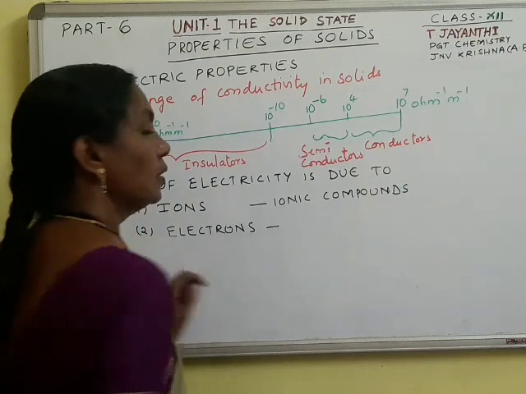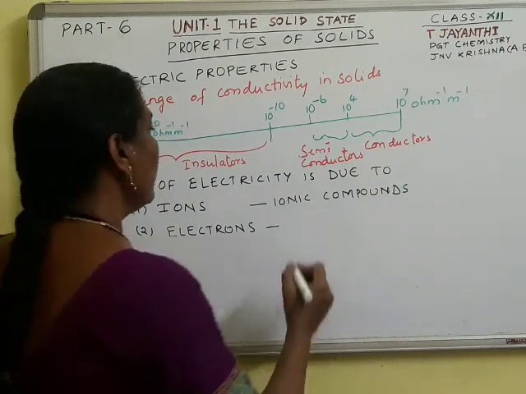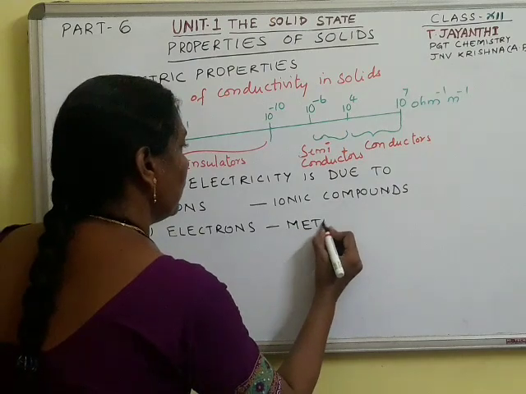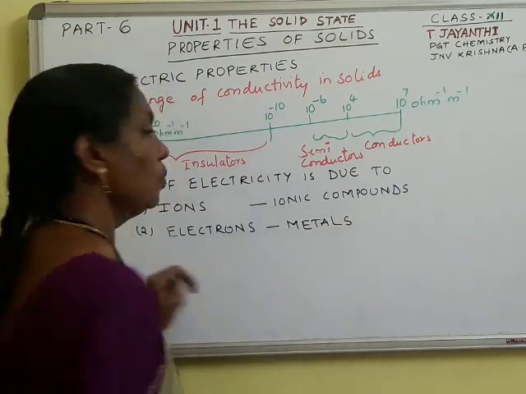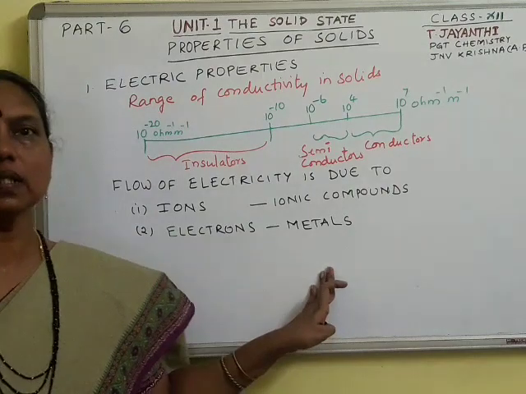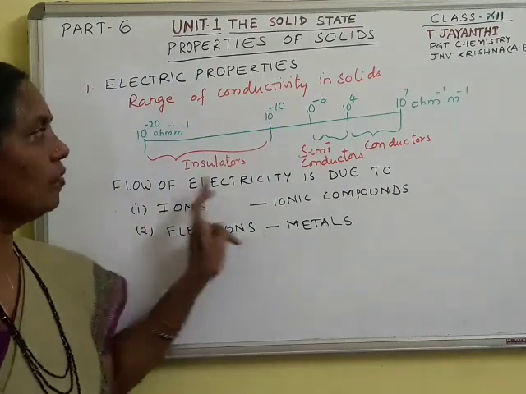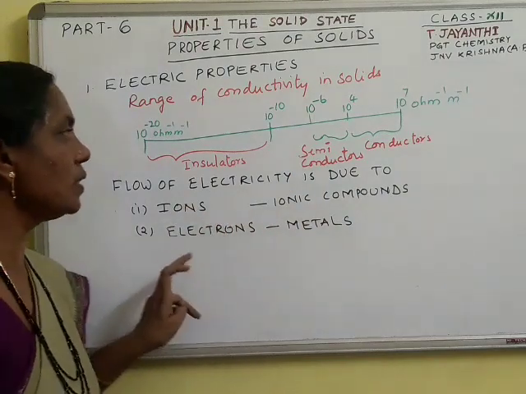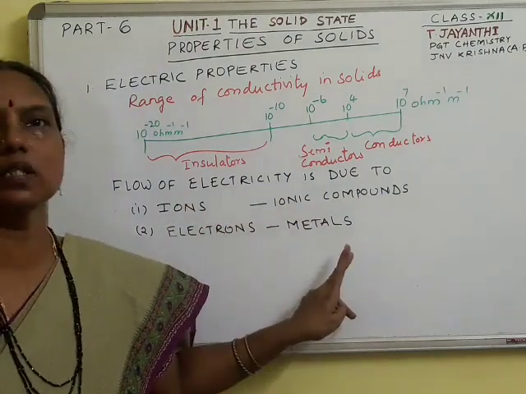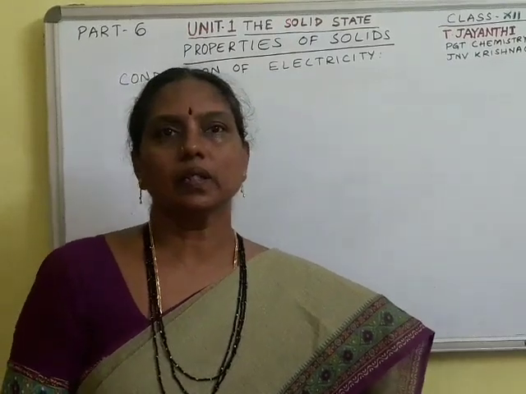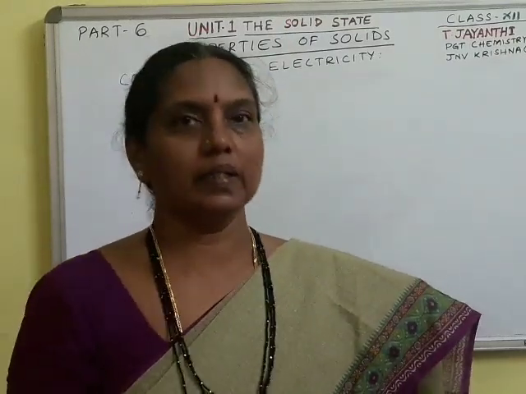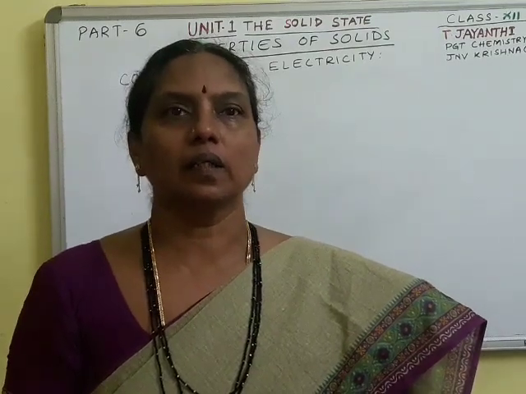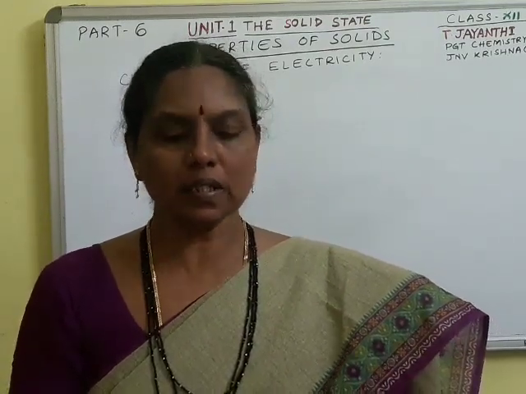Whereas the movement of electrons is seen in metals. The flow of electricity is due to the movement of ions in ionic compounds and due to the movement of electrons in the metals.